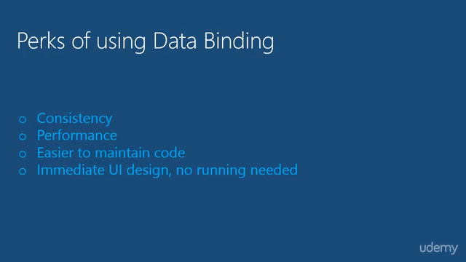And this is linked to the third one, easier to maintain code. Because you code less, you have fewer lines of code to maintain. So it's easier for you to understand where errors are happening or where the performance is not being as good as it should be. It's just easier for you to make your code run better.